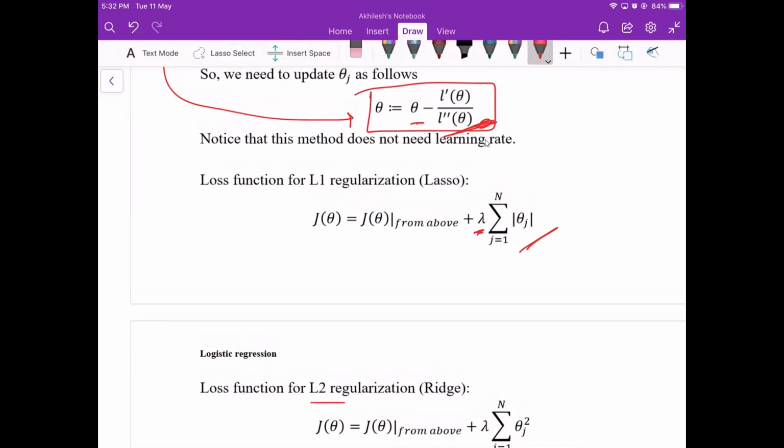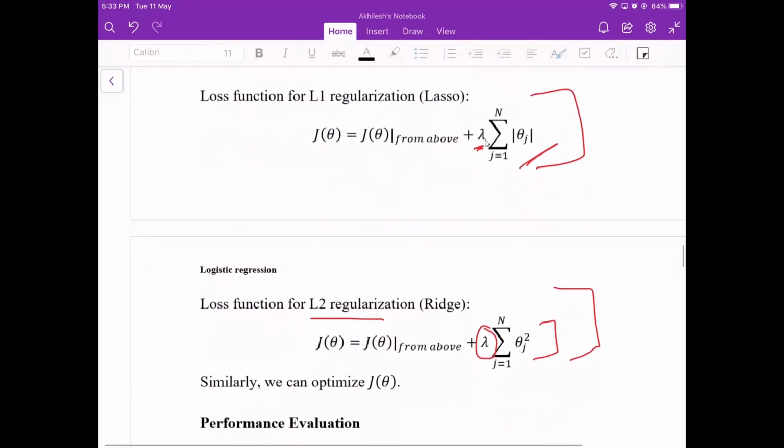In the case of L2 regularization, we add the sum of squares of the coefficients multiplied by some other constant. That is the difference, and this is called lasso, and this is called ridge regression. So we just have to modify the loss function for L1 and L2, and we can combine both in a general form. Then there is what is called elastic net.